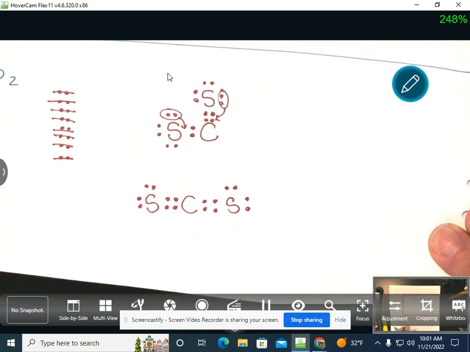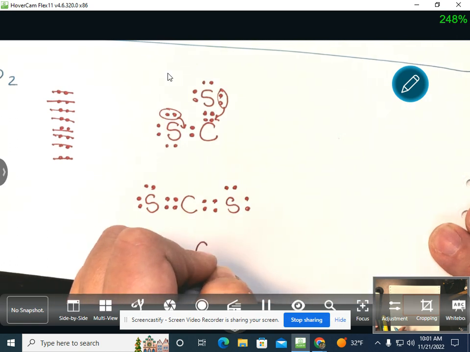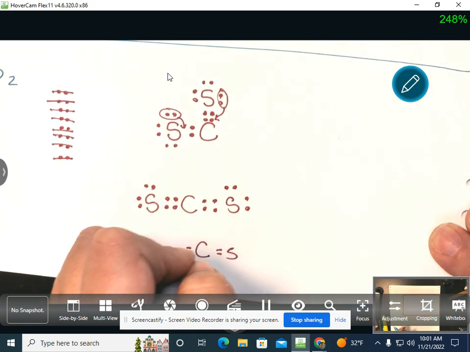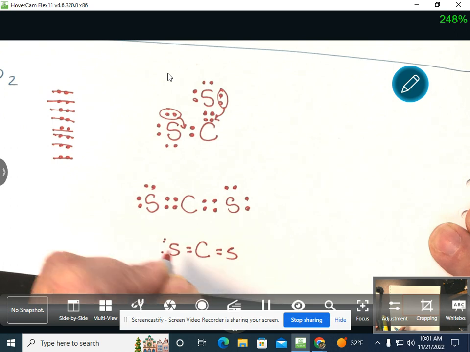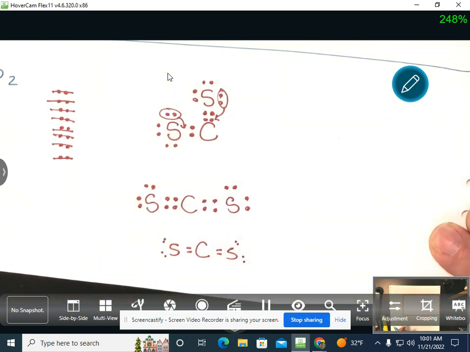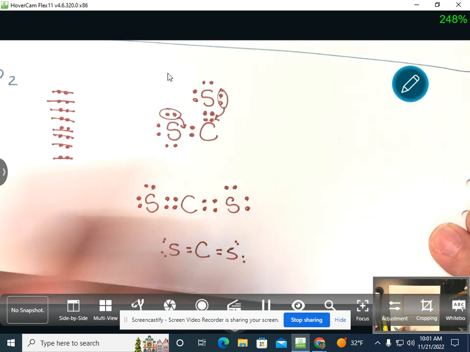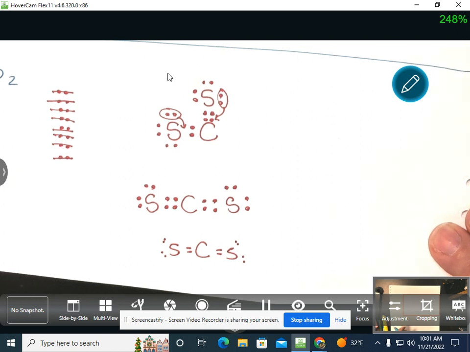Looks exactly like carbon dioxide. All right, you want to try some on your own now?